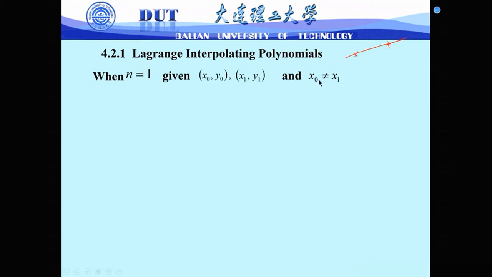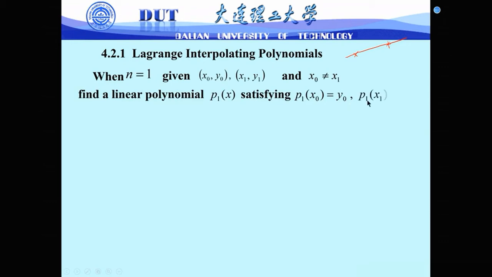And here x0 should be different from x1, otherwise there is no existence and uniqueness, right?